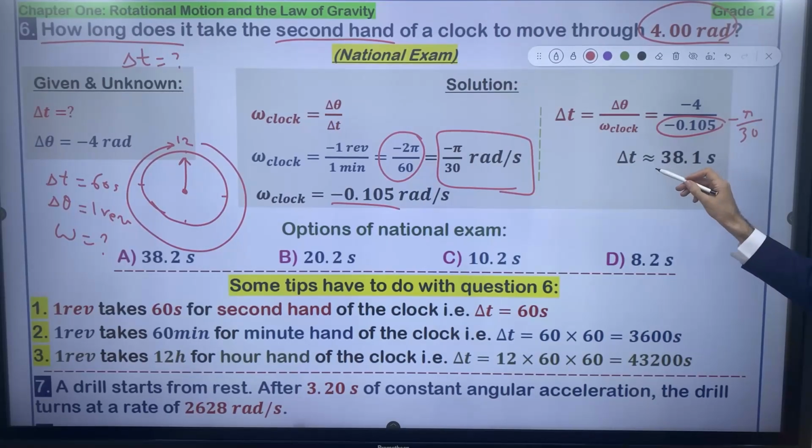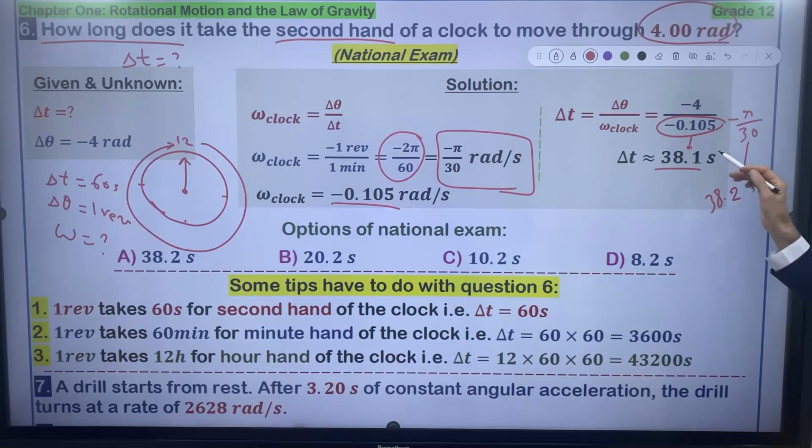The answer is approximately 38.1 seconds for this value. If you use pi over 30, you find 38.2 exactly. So there's a 0.1 difference between the answers, right?